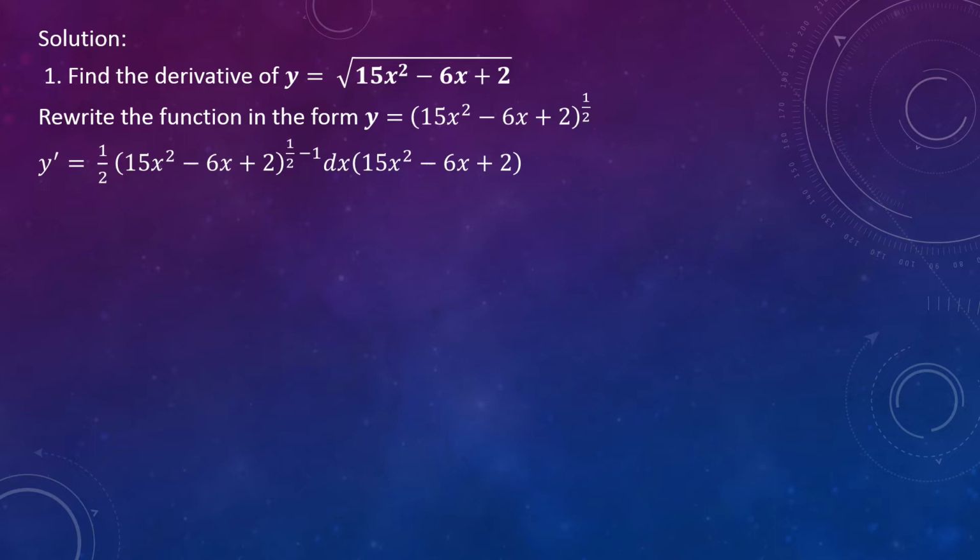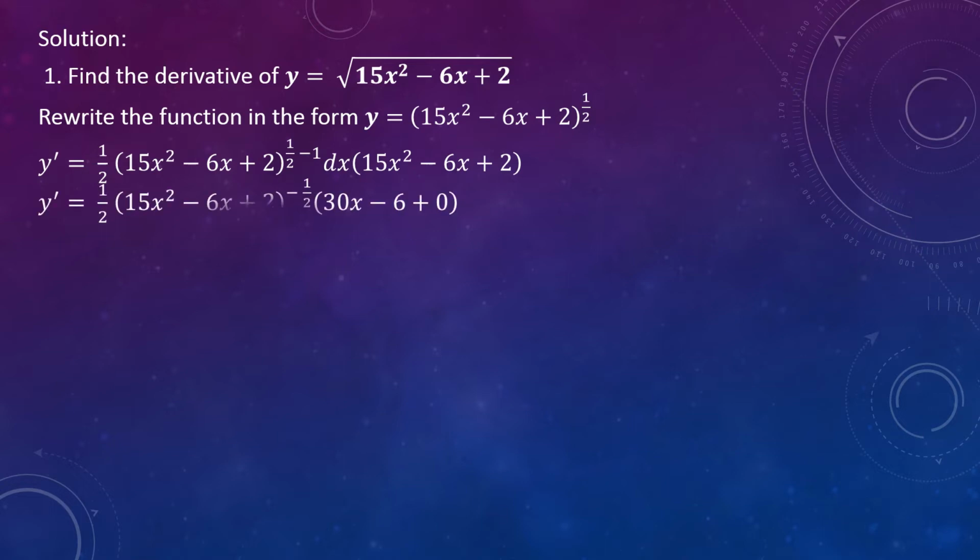So we bring down, or multiply, 1 half to the base, so we have 1 half times the original function inside, 15x squared minus 6x plus 2 raised to the power of 1 half minus 1, from the concept presented in the basic concept, times the derivative of the function inside, which is 15x squared minus 6x plus 2. So we still have to get the derivative of the function inside.